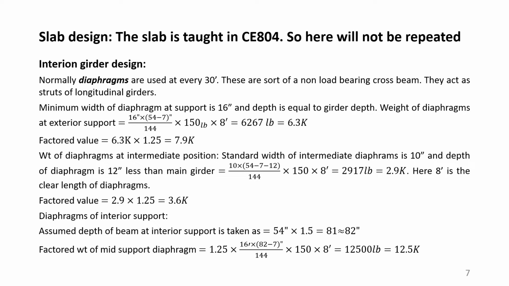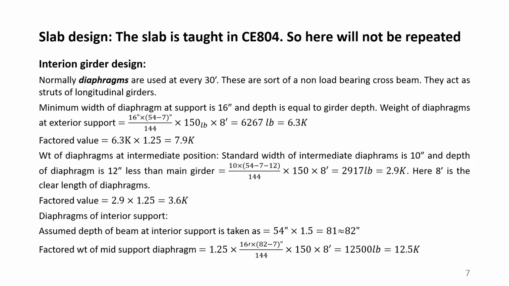There are some specifications for the diaphragm dimensions. The minimum width of diaphragms at the supports is 16 inch. At the supports, the diaphragm specification says that the width of the diaphragm will be 16 inch and the depth of the diaphragm will be equal to the depth of the beam.